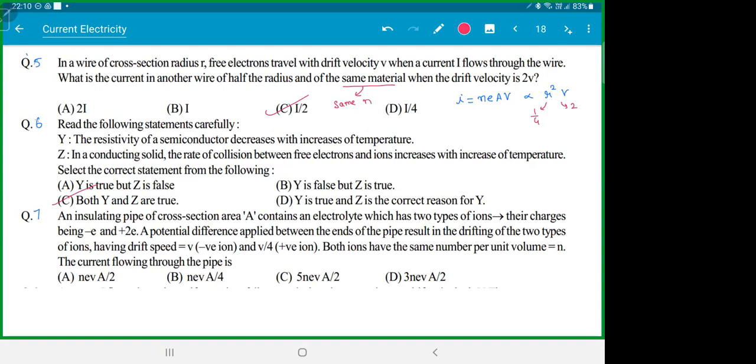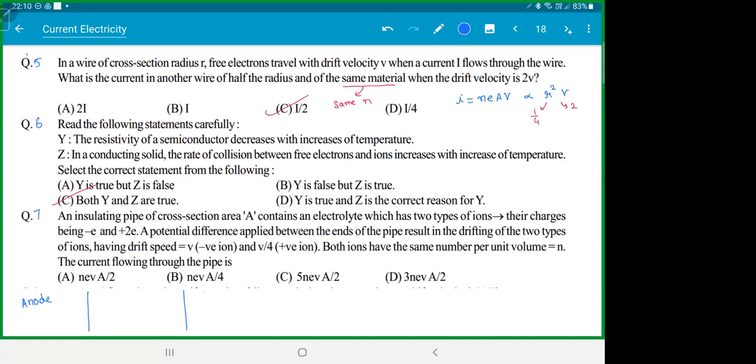What about the seventh one? An insulating pipe. See now what is happening here. The 2e charged particles, let's say, are going this way. See what happens whenever you apply 2 plates, like we said, cathode and anode.